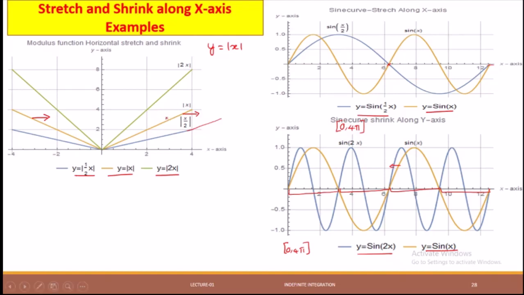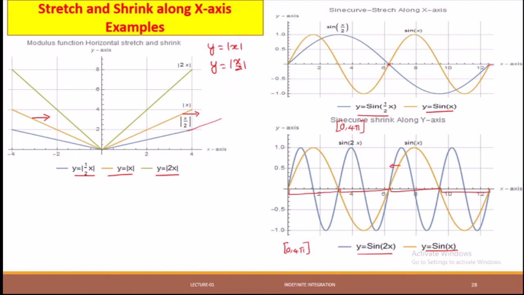This is the graph of y is equal to mod x by 2, represented by the blue colored curve, and y is equal to mod 2x is represented by the green color curve. Hope you have understood graphically what a horizontal stretch and horizontal shrink are.